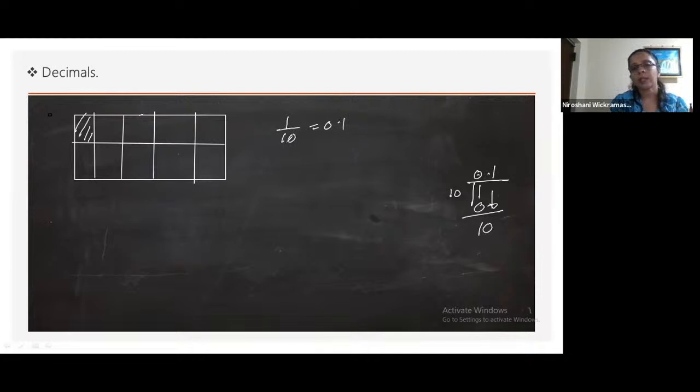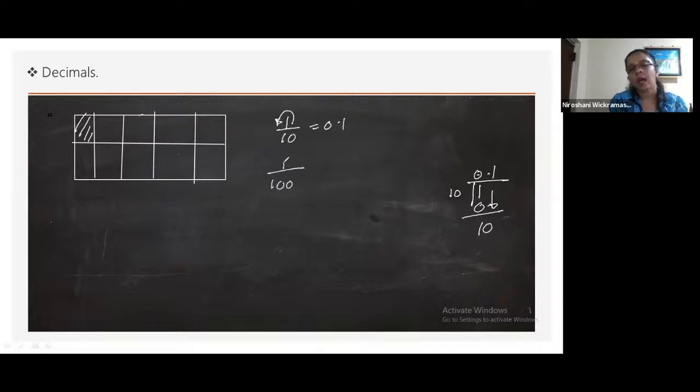But there is an easy way. Look at the denominator, 1, 0. When dividing something, it is not increasing, right? It is not 1 or more than that. It is less than that amount. So the decimal place moves back 1 place: 0.1. Now look at 1 over 100.